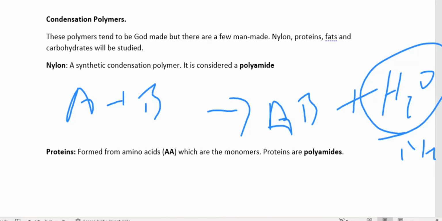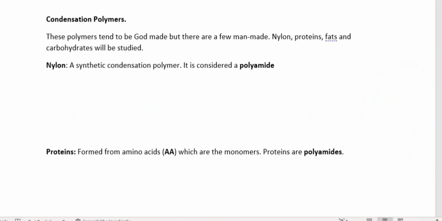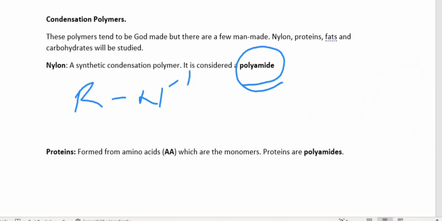Now we want to look at how nylon is made. Sorry, it is a polyamide, and I'm going to show you what that is now. What they take is an amine, and I'm just going to shorten the formula of the amine. So you have R, N, H, H right there.